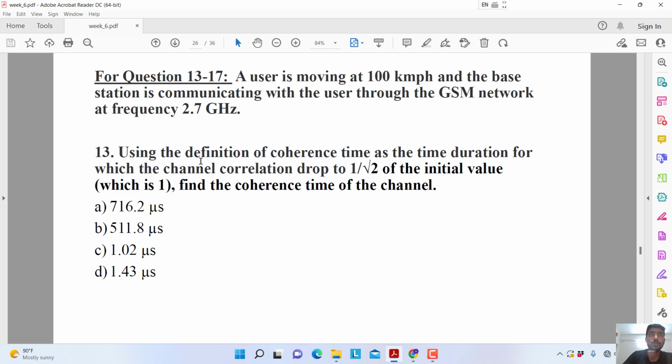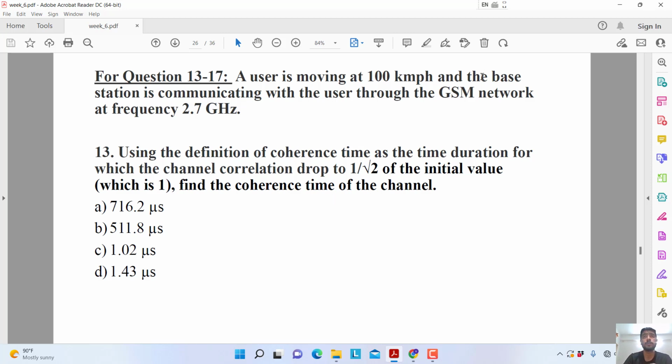The question is: using the definition of coherence time as the time duration for which the channel correlation drops to 1 upon root 2 of the initial value, which is initially 1, find the coherence time of that channel. Correlation drops from 1 to 1 upon root 2, then we have to calculate the coherence time of the channel.